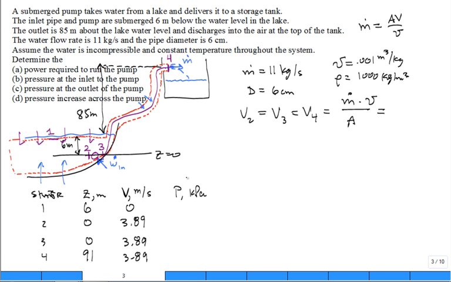It's probably the first time you do this, you probably should do it like this. Put P in kilopascal and do it both ways. This will be in gauge, and this will be absolute. What is the pressure gauge at 1? 0. What's it in kilopascal at 1? 101.3, 1 ATM, 101.3 kilopascal.